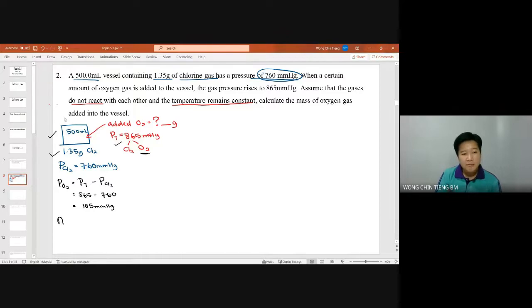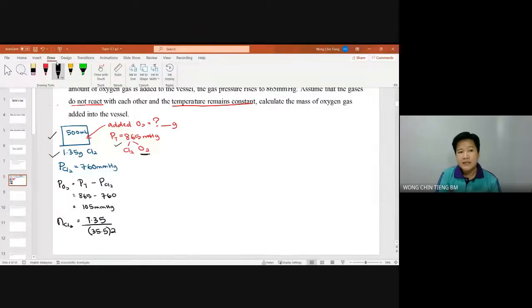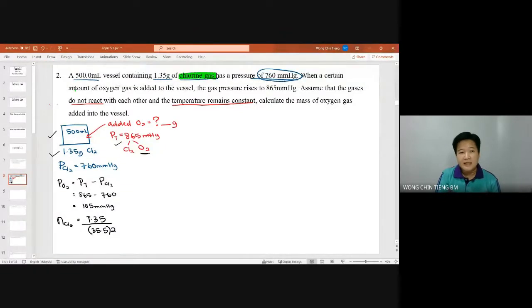Knowing that the number of mole chlorine is the mass of chlorine 1.35 over with the molar mass which is 35.5 times 2. If you read the question very carefully, the trick of the question adalah dia hanya kata chlorine gas, dia hanya kata oxygen gas, tapi dia tak bagi molecular formula. Okay?